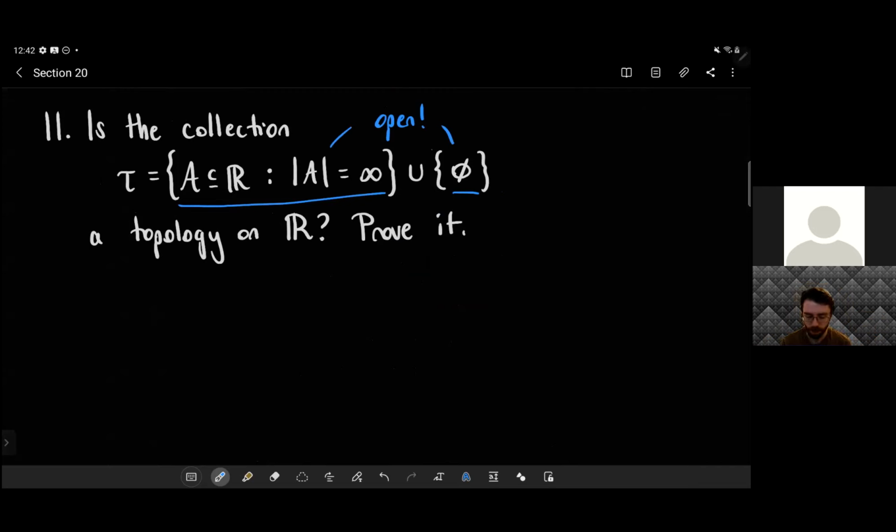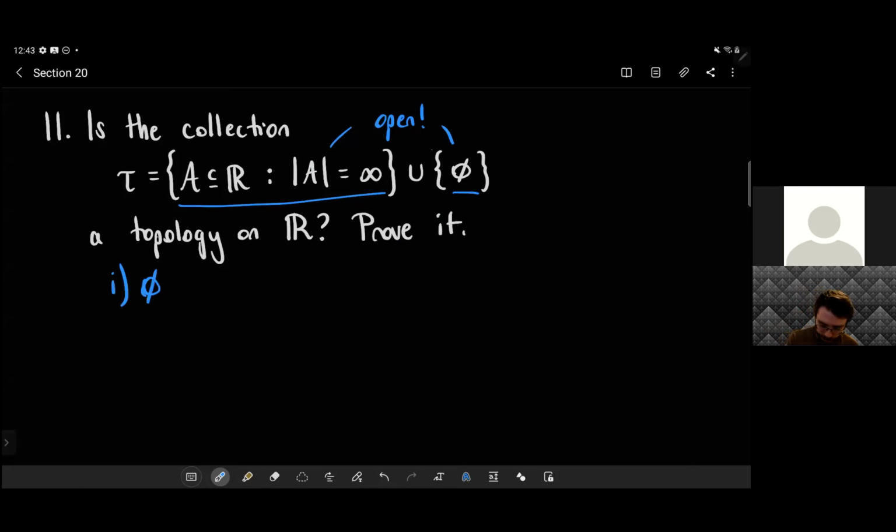And so apparently I'm claiming that the only open sets are the empty set and the sets with infinitely many things in them. Keep in mind, this could mean countably infinite, or uncountable, like the real numbers themselves. Could be either. The answer here, well, again, maybe we'll go step by step.